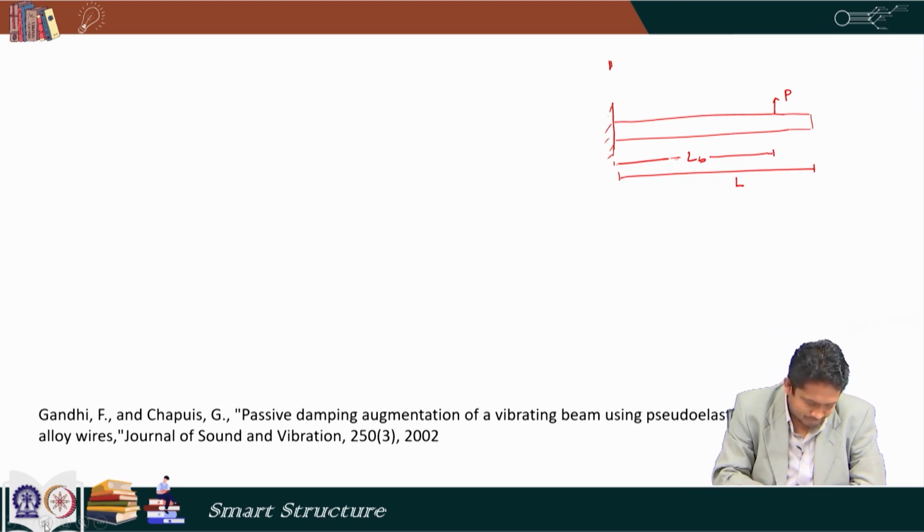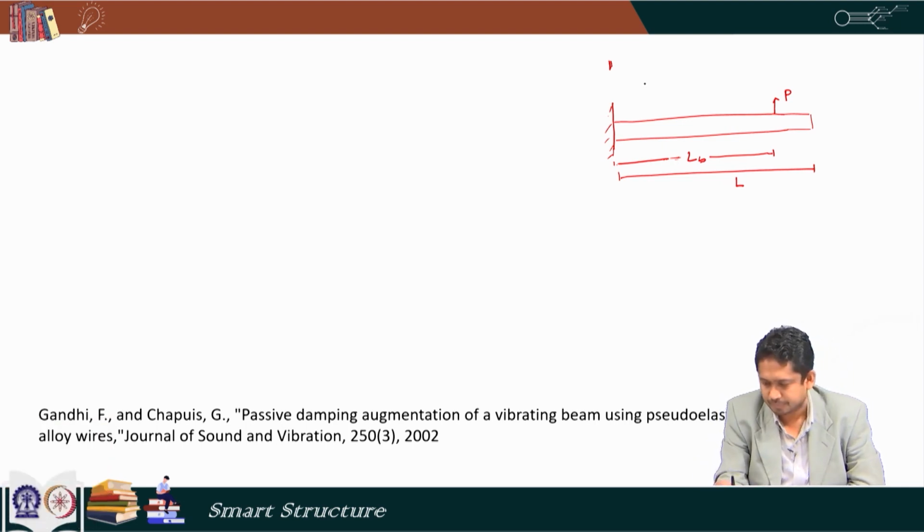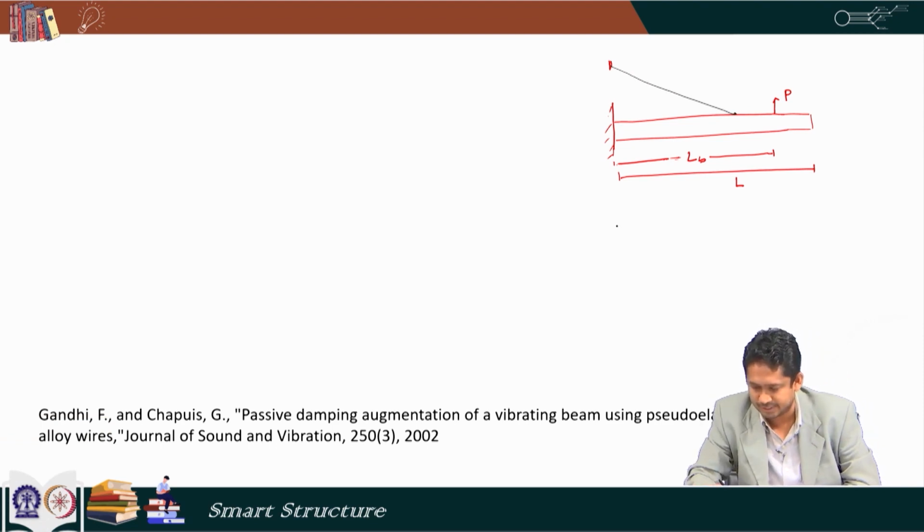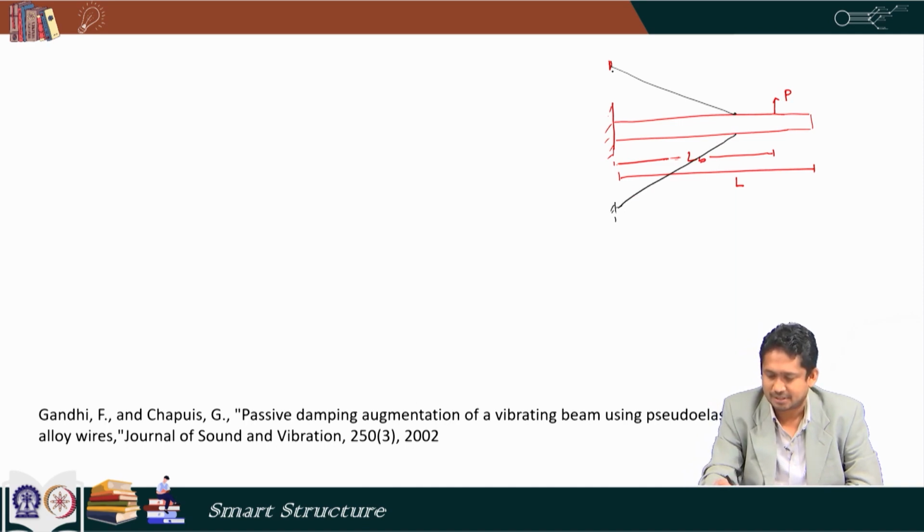And apart from that we have two shape memory alloy wires attached to it in this way. One is at the top surface here and another is at the bottom surface here, and they are symmetrically placed, which means the angle here and the angle here is same and both the alloys have same property.